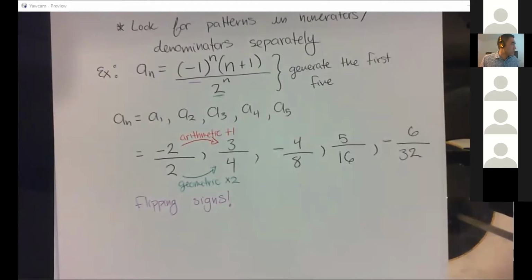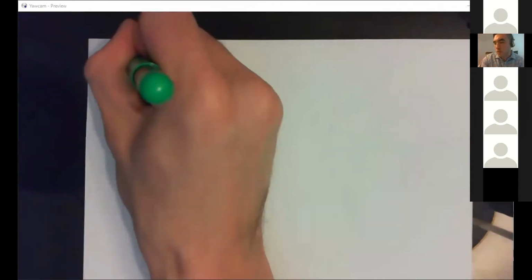The last thing that I want to point out before we're done with the notes is that these types of sequences don't have to be generated formally this way. Sequences can also be generated recursively, so a recursive sequence.